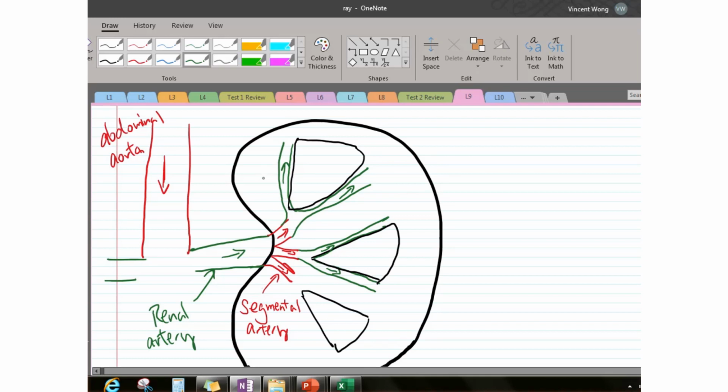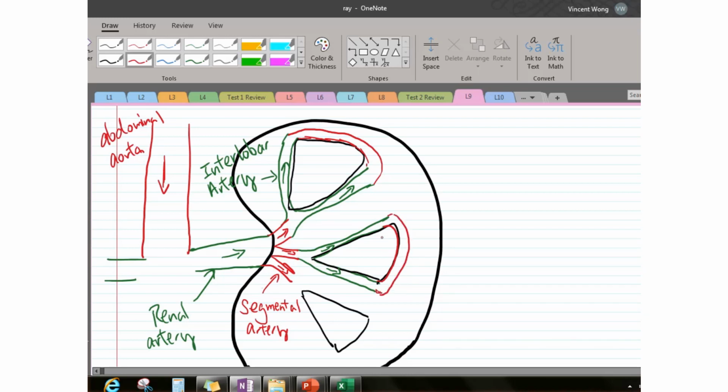This thing that goes up along the sides of your pyramid is called the interlobar artery. And then eventually they are going to go around the outer edge of your pyramid.